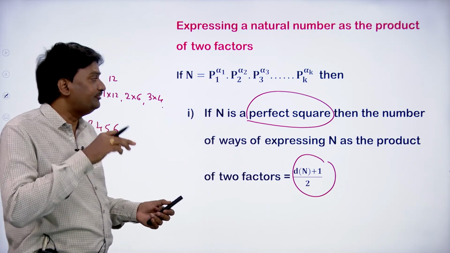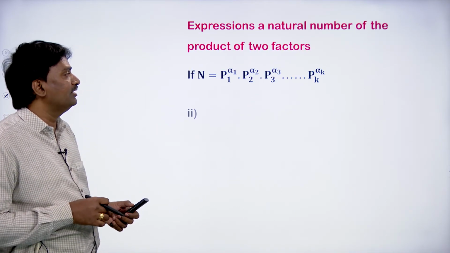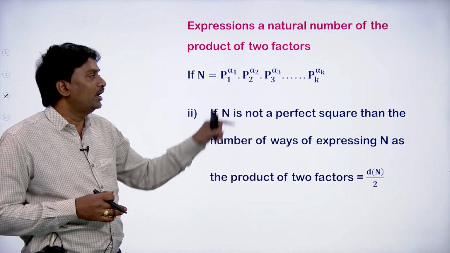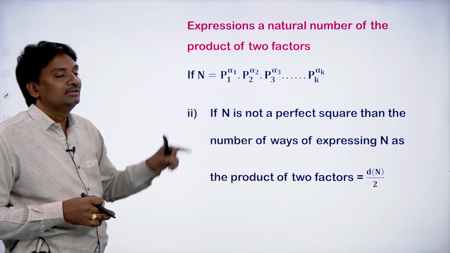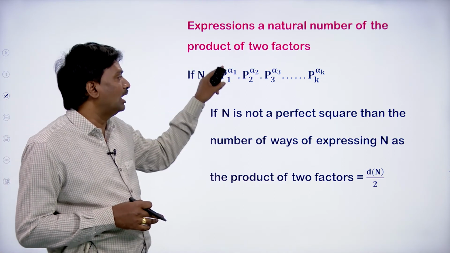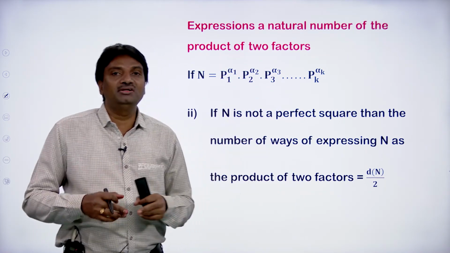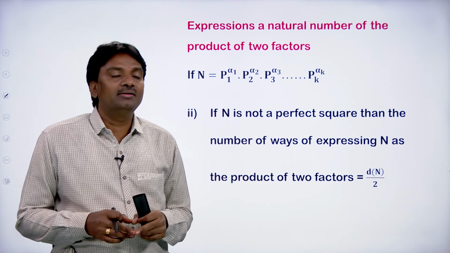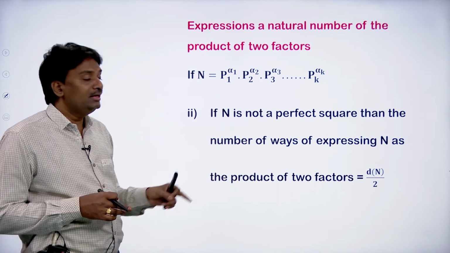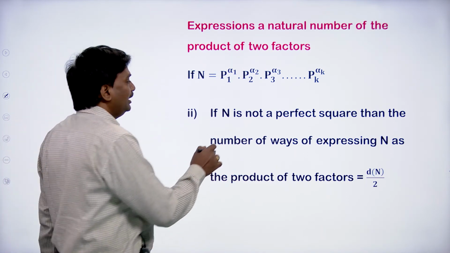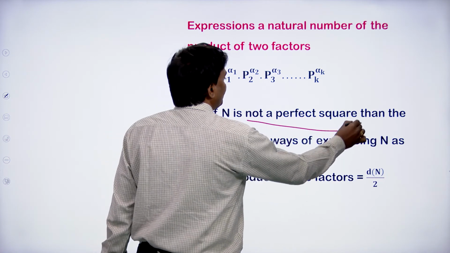In the second case, if n is not a perfect square, again we take the number n as p1 power alpha 1 into p2 power alpha 2 into p3 power alpha 3 into so on, pk power alpha k. In the above case n is a perfect square; here n is not a perfect square.